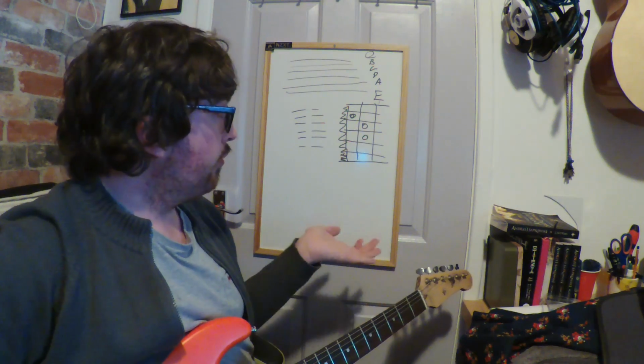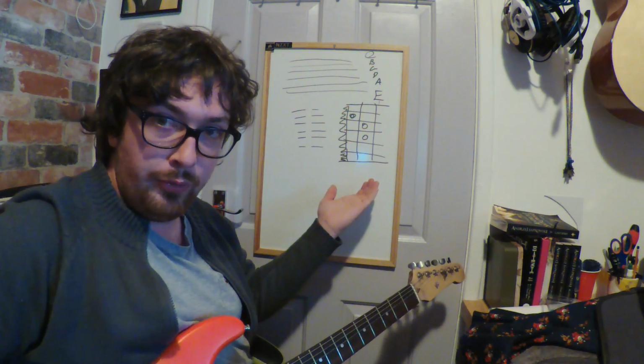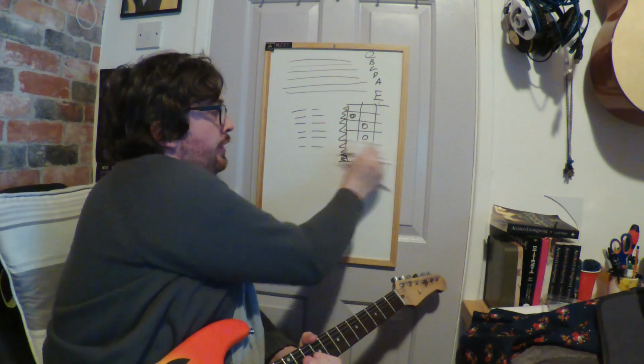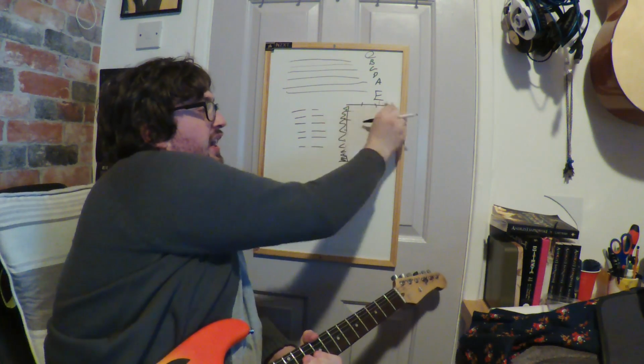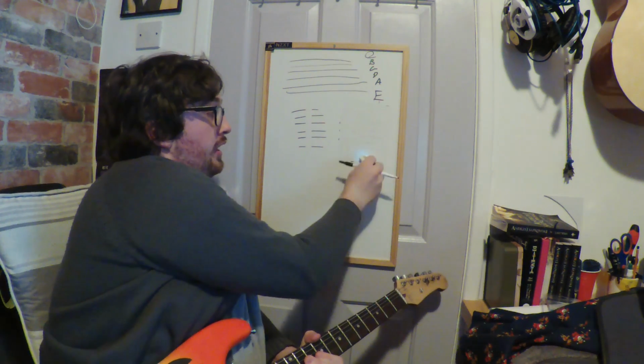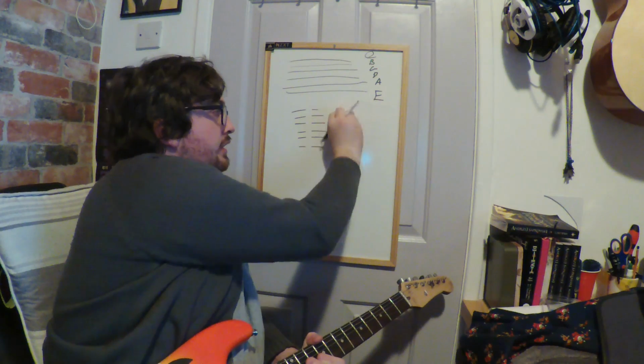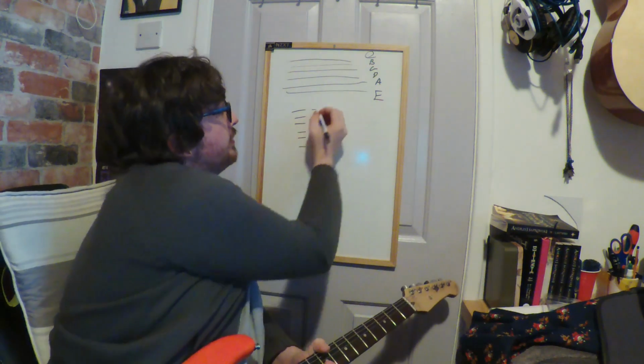Sometimes chord diagrams can be hard to understand, like this one, which I've butchered. But if I was to write that in tab, I could make sure that a student would fully understand it by going like this.